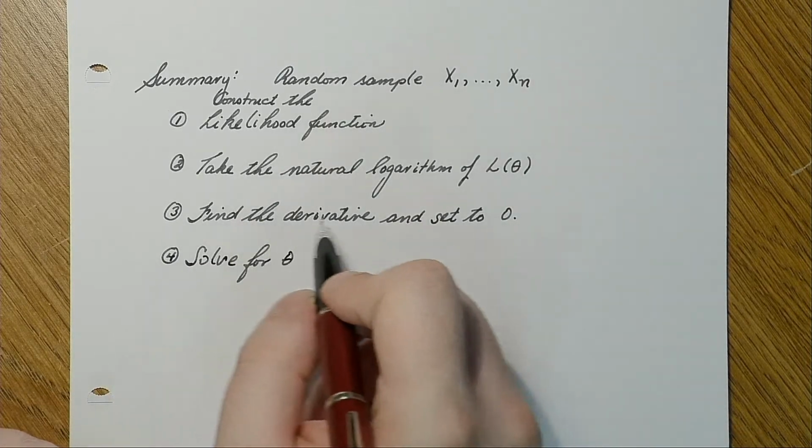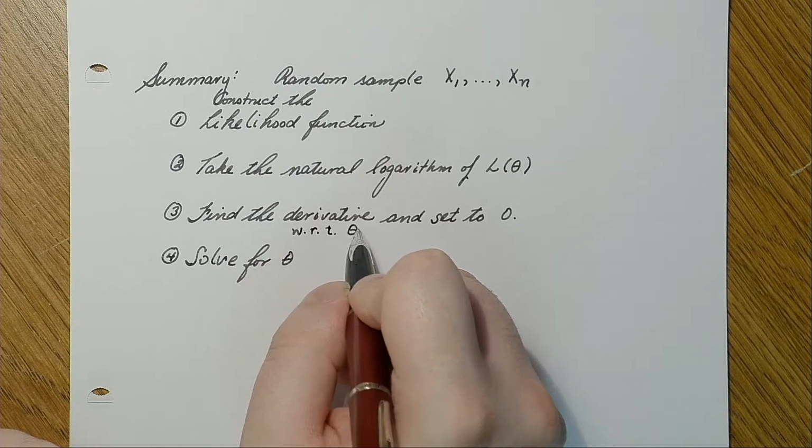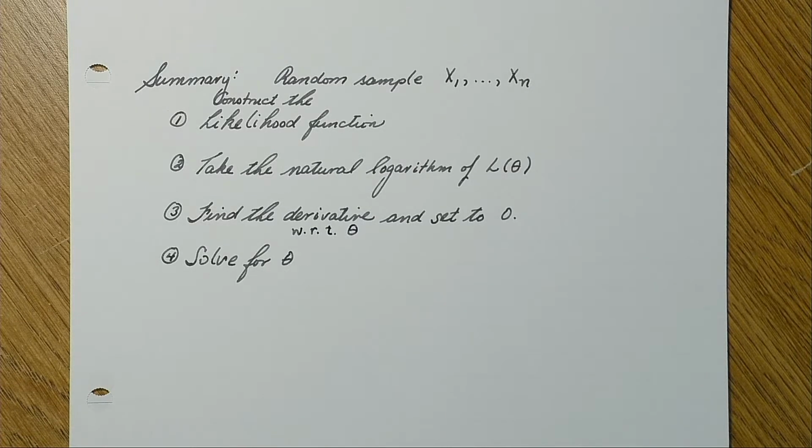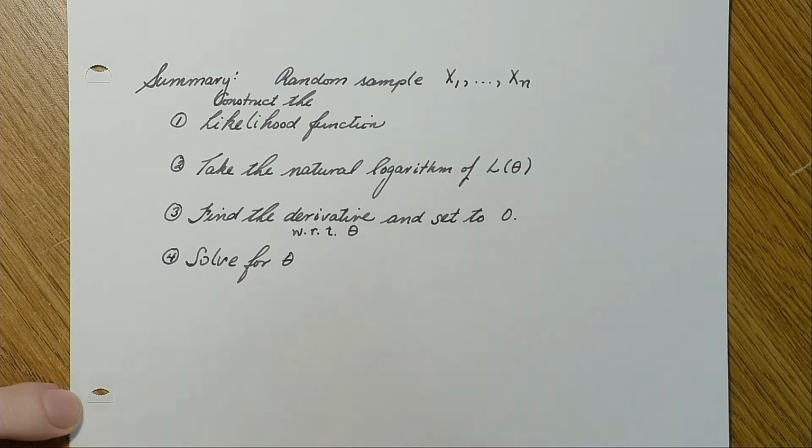Now again, you will have to find the derivative with respect to theta. And this is for one parameter. That's a good question. This, in theory, also works for 2 parameters. And that's what we're going to do after the break. So I think this is a good time to take a 10-minute break, and we'll do an example of 2 parameters. We'll do it with the normal distribution.